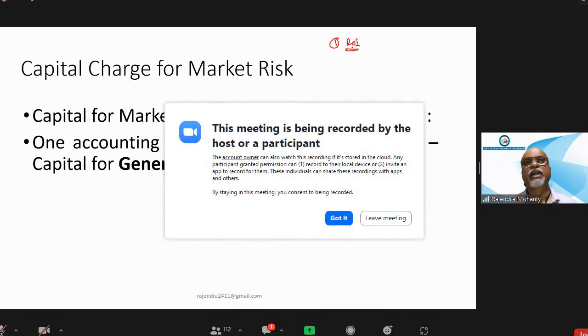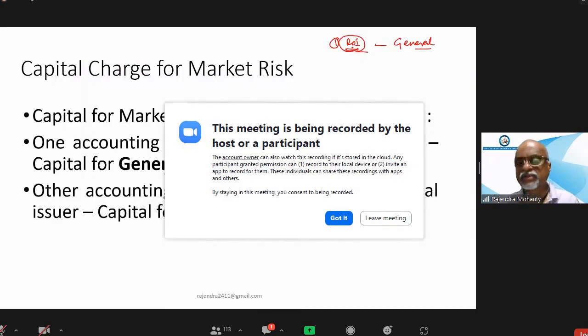And sometimes it is asked what is the purpose of calculating general market risk? General market risk is that amount of capital which is calculated to cover the losses due to movement in the interest rates in the market. So whenever it pertains to the rate of interest or movement of the rate of interest, that capital is called general market risk capital.